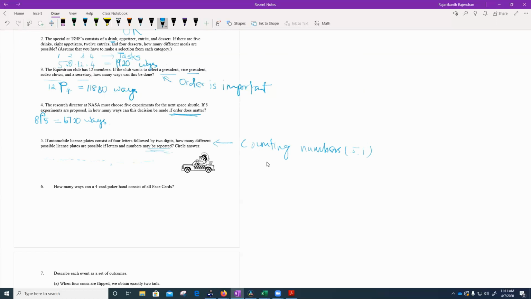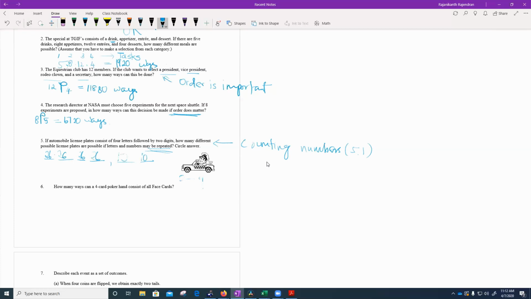So you need to choose first the 4 letters, then 2 numbers. There are 26 ways you could choose letters, and since repetition is allowed, all 26 will be used in each slot. Then for numbers 0 to 9, there are 10 of them, but repetition is allowed, therefore 10, 10.